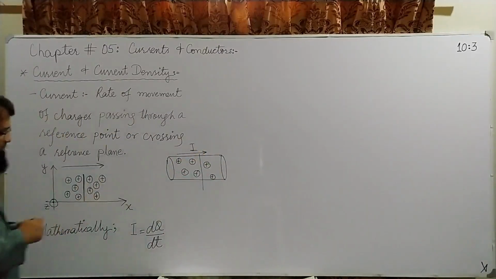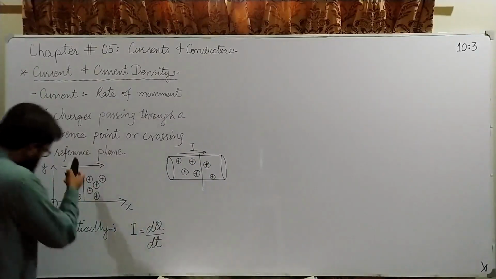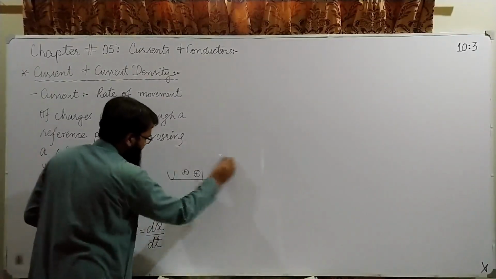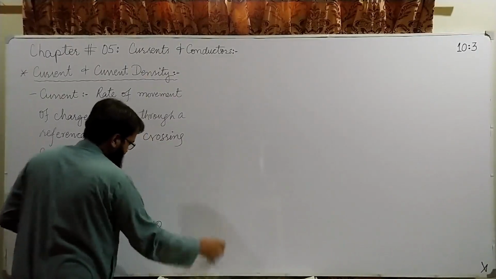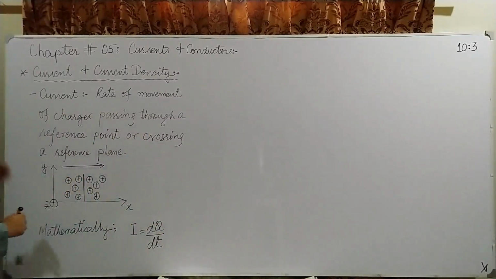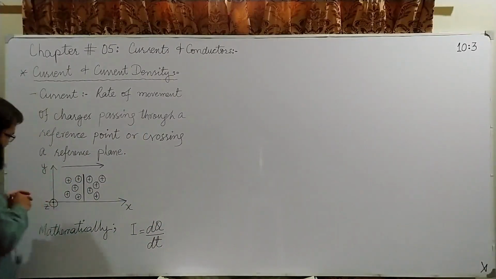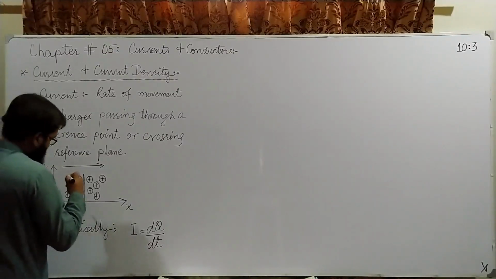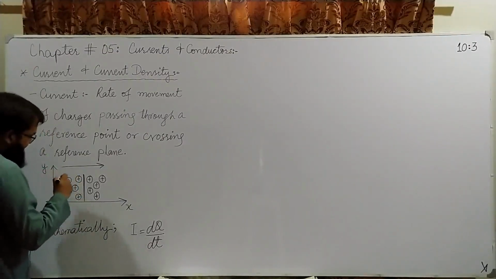This is how we try to look at or observe the current. So that's exactly the reason why we do this. By the way, I am choosing positive free charges just to be consistent with our conventional definition of current, in which positive charges are moved, although it is not physically the reality in conductors.